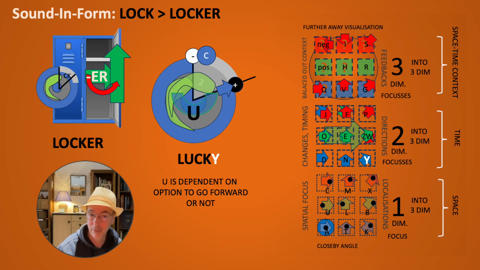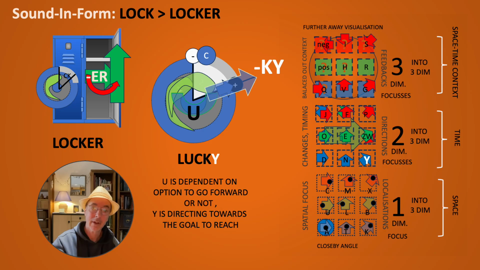So it will be dependent, but it's with U, but with the Y, it will go towards that goal. So that lucky will become lucky, of course, because then you can make and achieve that choice and that option to go forward. Of course. So in that way, you have that lucky, yes, I will have that option, and I will direct to the goal that I don't know yet, but I will go to that goal to reach.